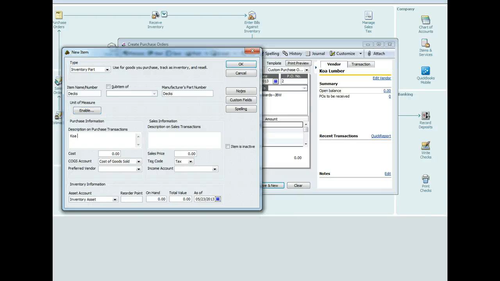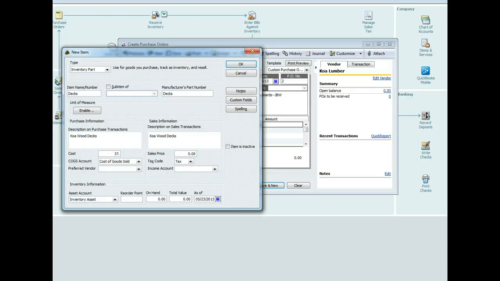The cost, we are going to buy $3,750 worth of lumber. Okay? We think, given our best estimate, that this amount of lumber will give us enough for 100 skateboards. So just do the math.